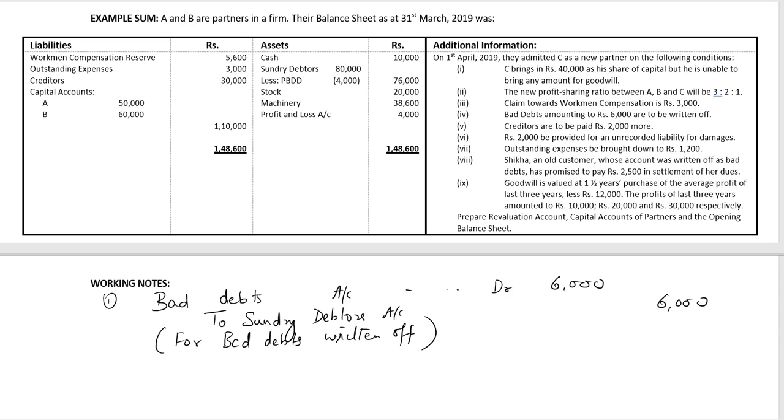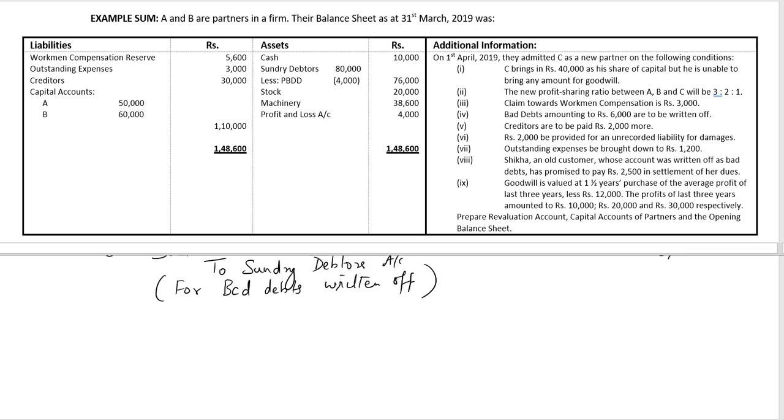Now we need to provide for the rupees 6,000. In the balance sheet we have provided already only for rupees 4,000. We will utilize the 4,000 and debit revaluation account with the other 2,000 rupees.